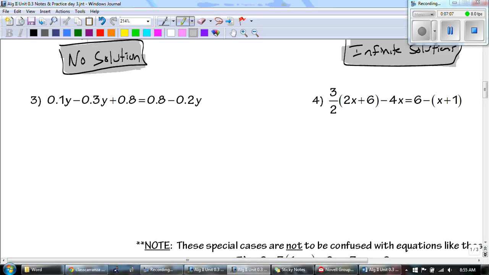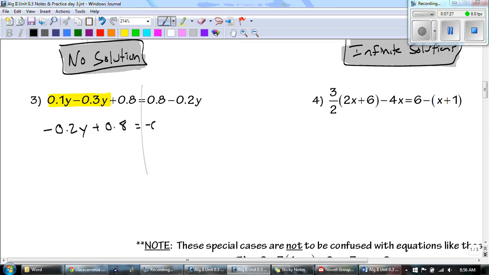Okay. Yes, some of these are going to have decimals in it. Sorry, you guys can handle it. We're going to do the same thing, combine like terms. 0.1 minus 0.3 is negative 0.2y.